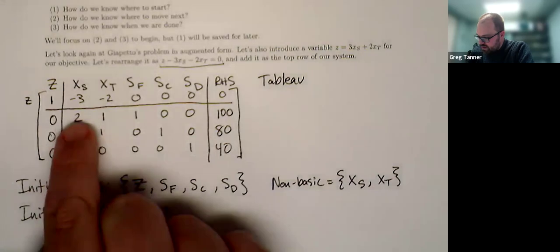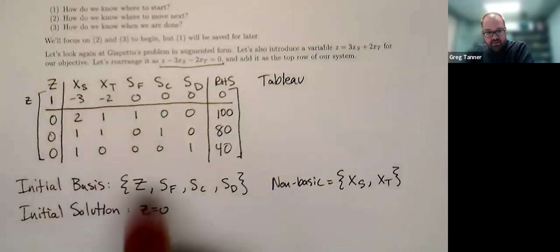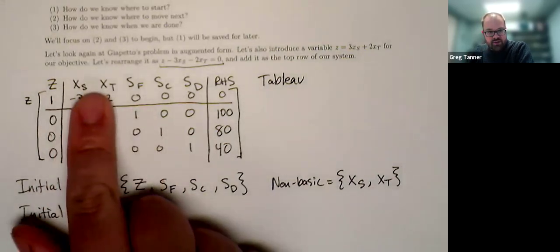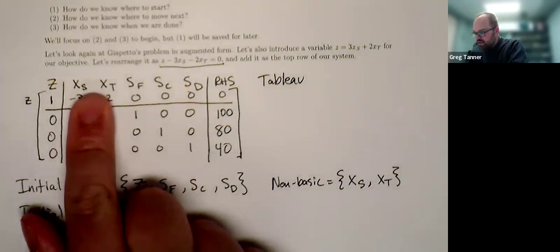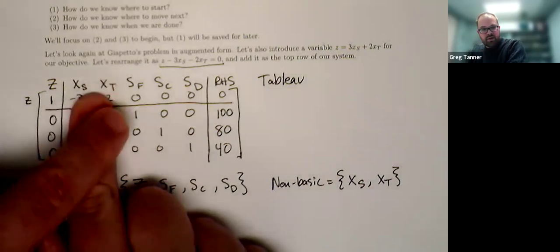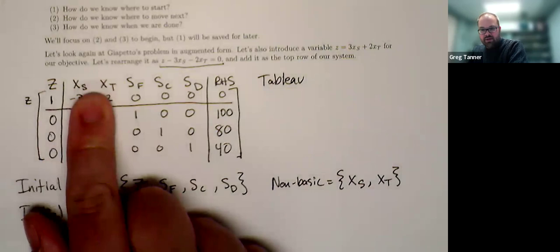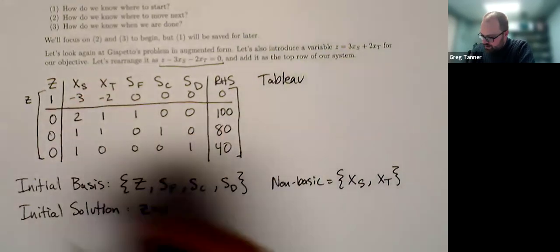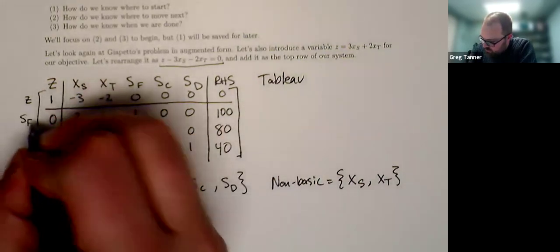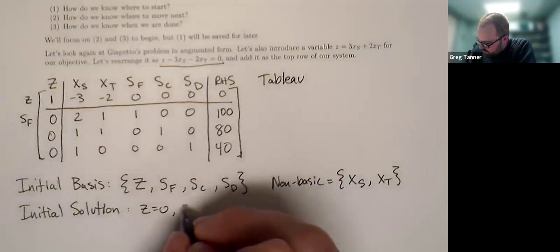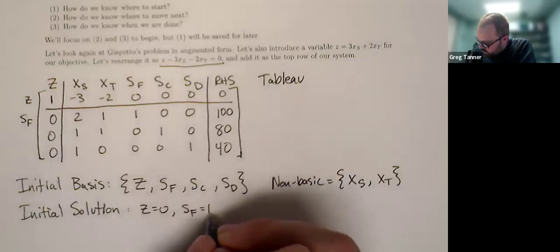This next row, if I set XS and XT to be 0, and so essentially hide those, I can read off that SF is the only other thing that has a coefficient in that row, and it has a coefficient 1, so 1 times SF equals 100. And so we'll call this the SF row, and that one tells us that SF equals 100.